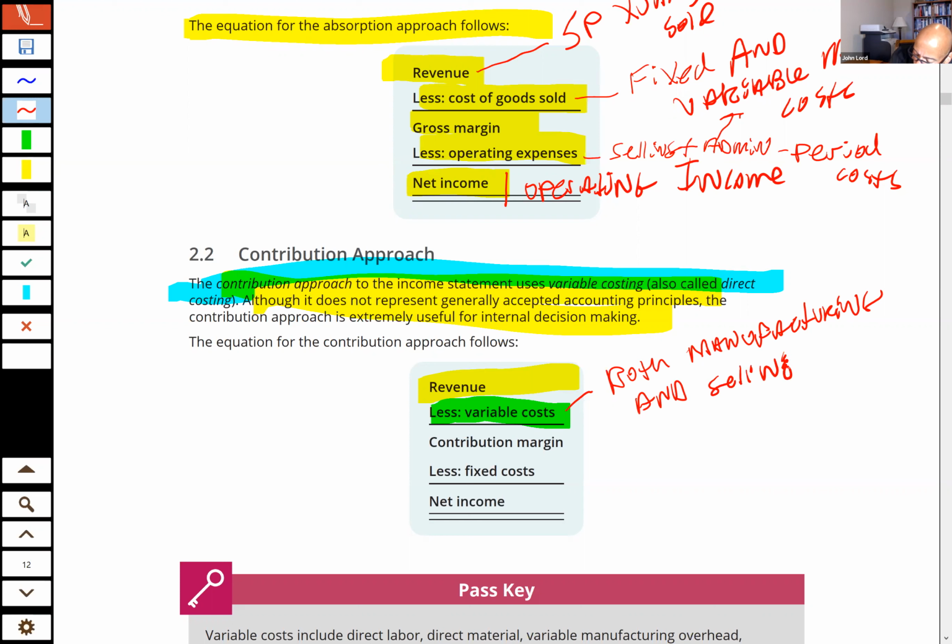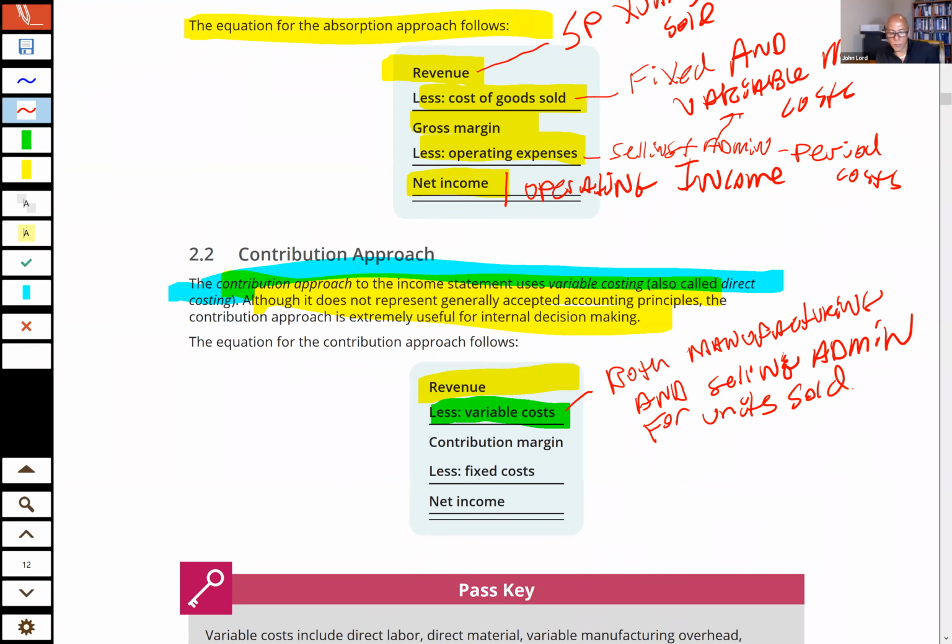So we are grouping our costs by whether they are variable or fixed. So what's in there? It's variable cost, and it's for variable manufacturing, for units sold for the period.